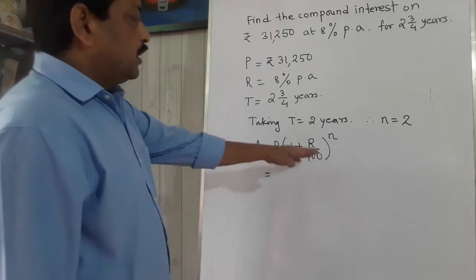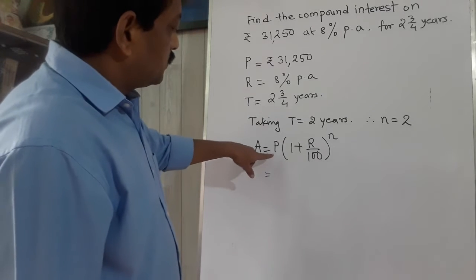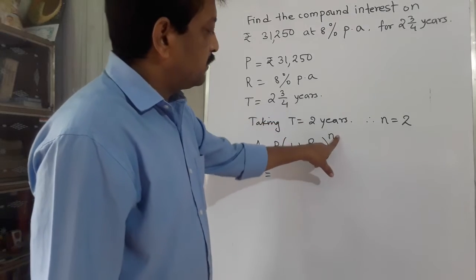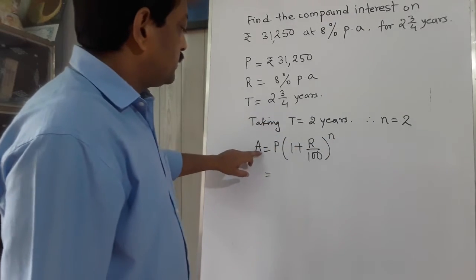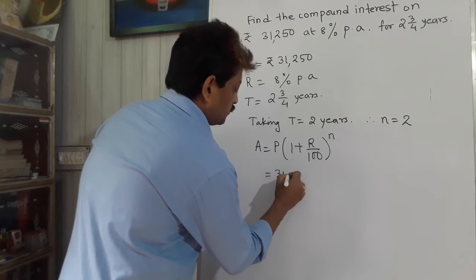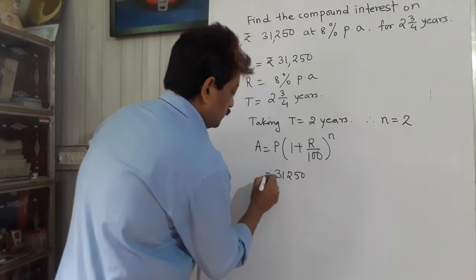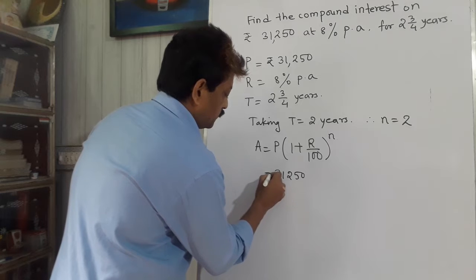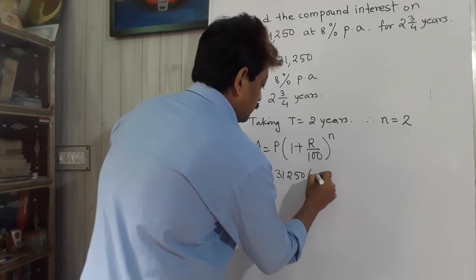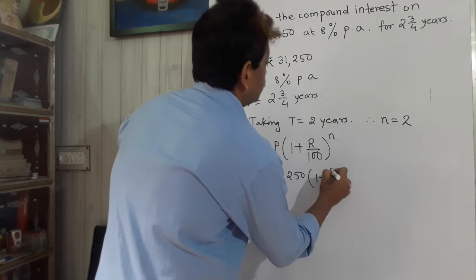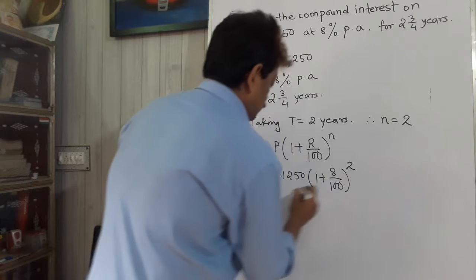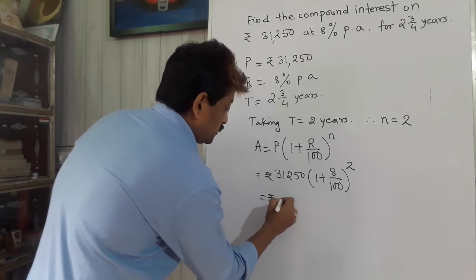You all know the meaning of all these symbols. That is, P is the principal, R is the rate of interest, n is the conversion period, and A is the amount. So P is 31,250, R is 8% and n is 2.